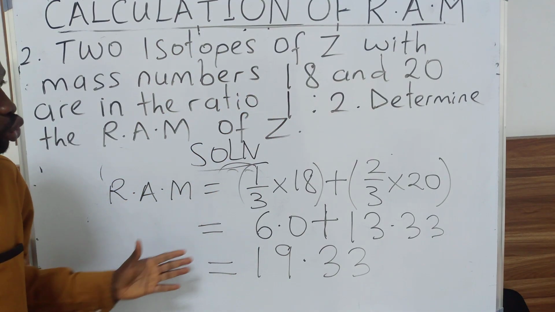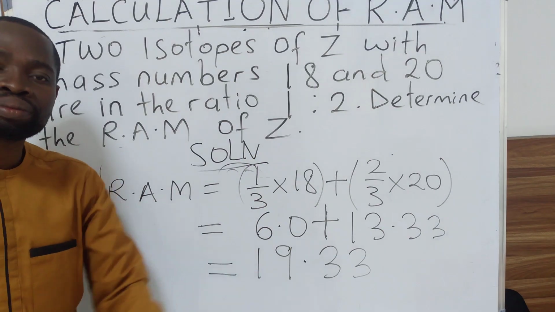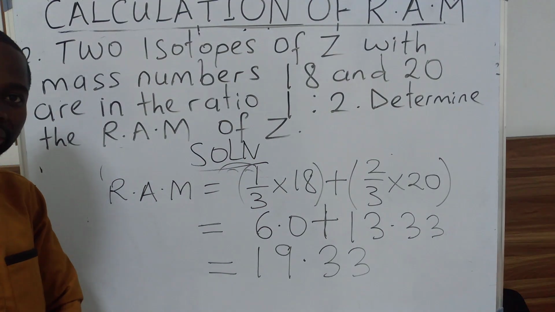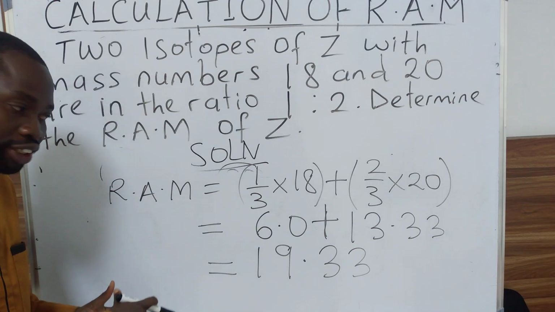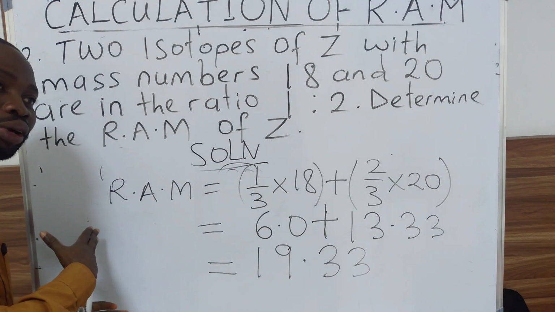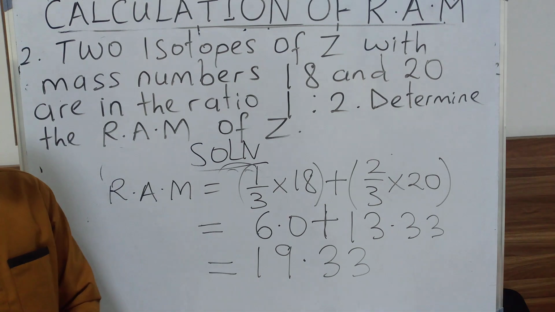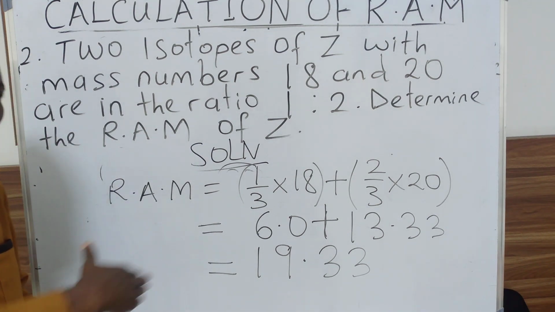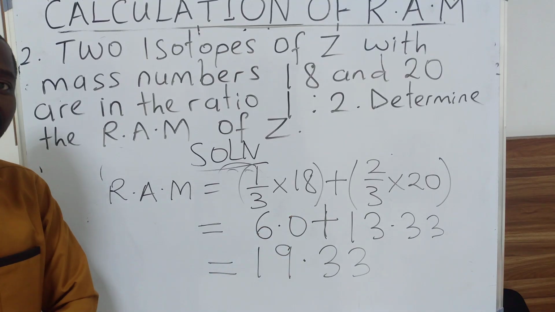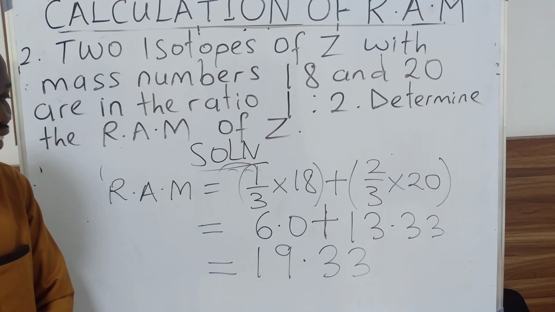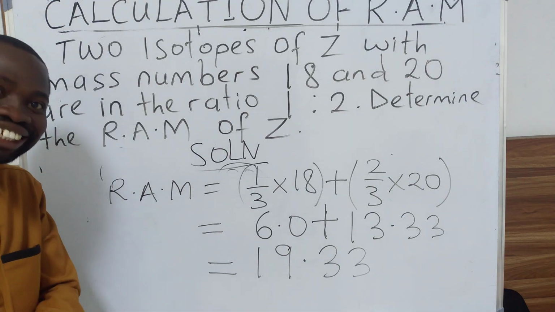I intend to do all the calculations in chemistry by the grace of God. That's why, as you can see, I started from the beginning, and this is like SS1 work. So I'm going to do it until we reach SS3 work. It's going to be a long process of teaching, and I'm not going to rush it. I'm going to be doing it gradually because I want you to understand it.